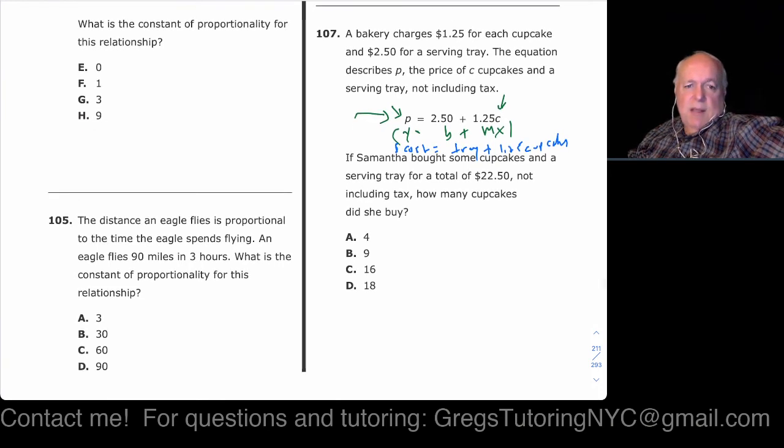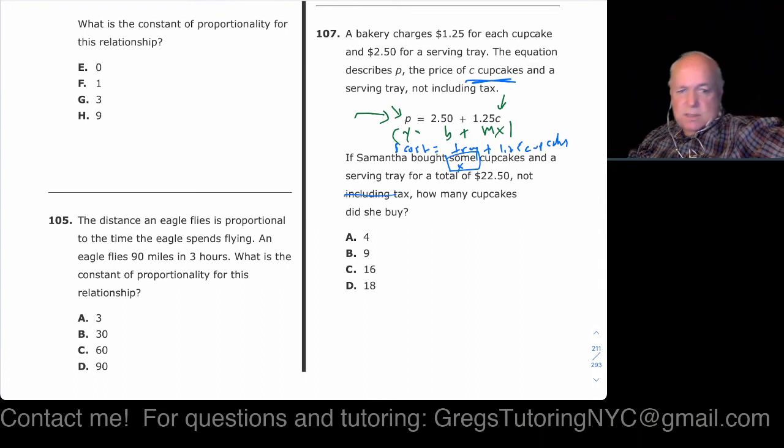If Samantha bought some cupcakes, almost the same language we just saw. In this case they're telling us it's C, the price of C cupcakes, so the number of cupcakes is C, and a serving tray for a total of $22.50, not including tax. So we don't care about that.